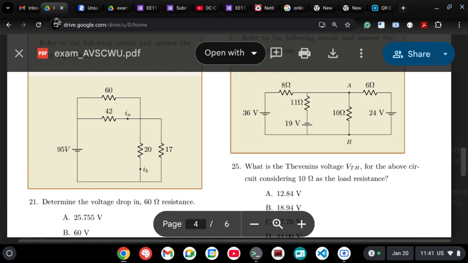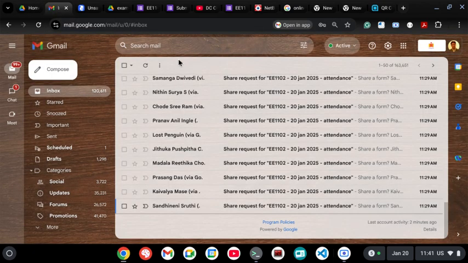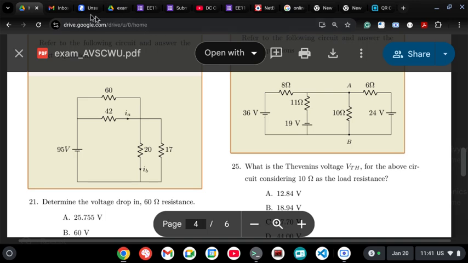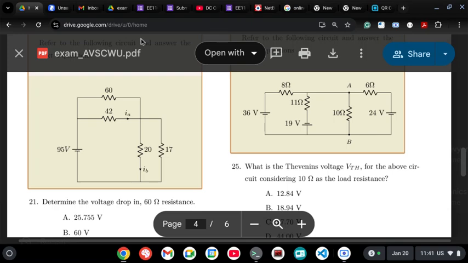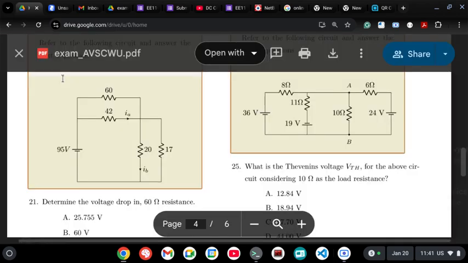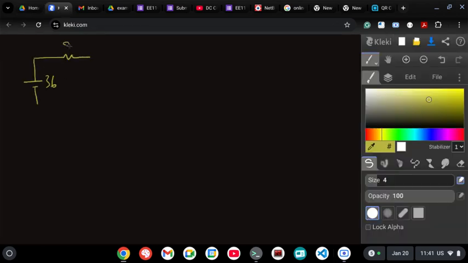Okay, the first itself I made a mistake. There is a voltage source here, 36, 8, 11.